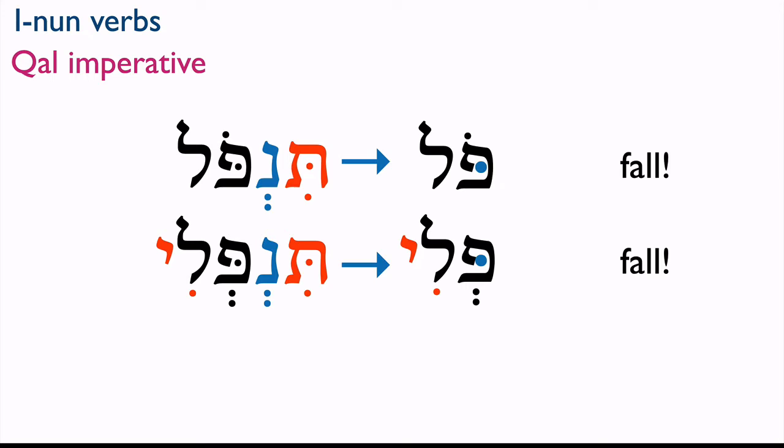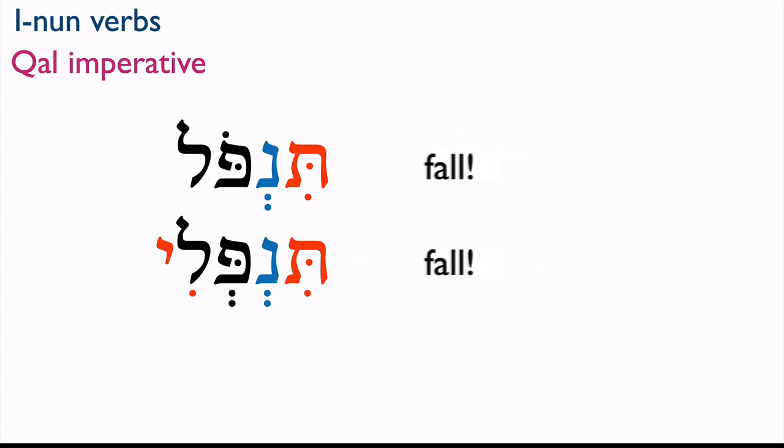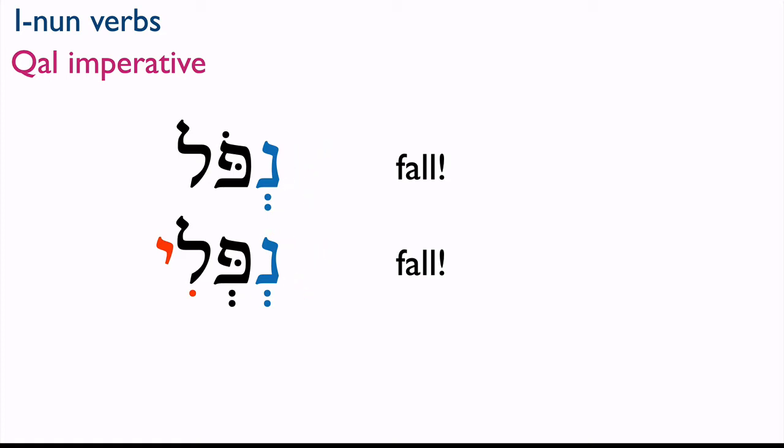But there is a type of first nun verb like nafal, where it's not what you do. And in fact, when you want to make the imperative, you go back to this uncontracted hypothetical form of the prefix, tinpol, tinpli. And now, with the nun still there, you again just get rid of the preformative.